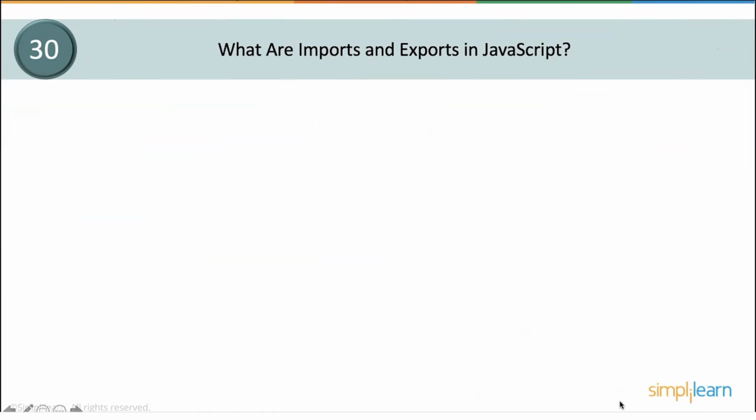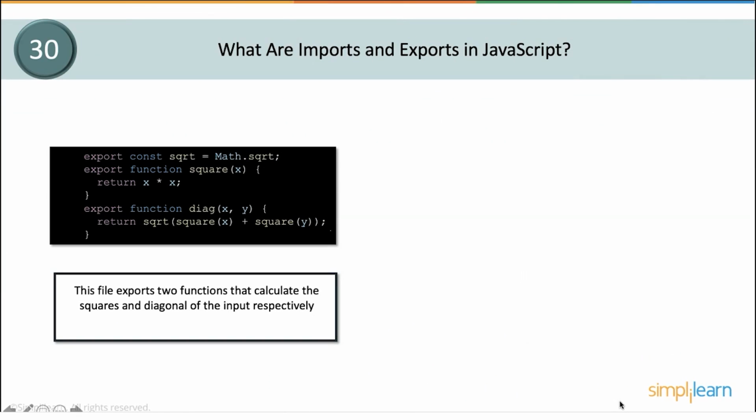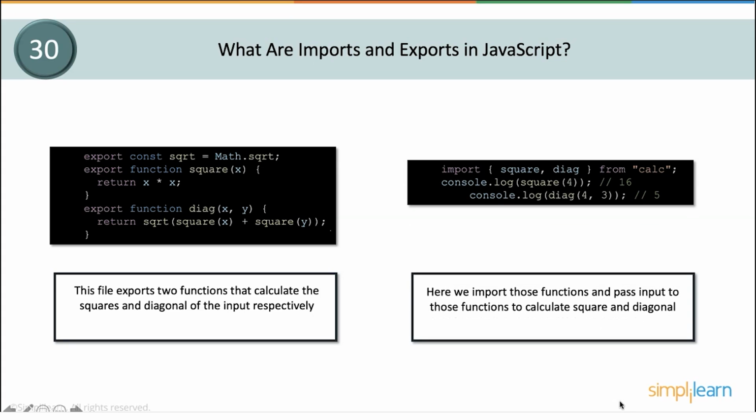Now, what are imports and exports in JavaScript? Import and export is a very common concept; in Java you use the term import for a package, but in JavaScript it is a little different. Unless you export something, you can't import it. If you want to access any of your files, properties or methods outside of your file, you always use the import and export statements.